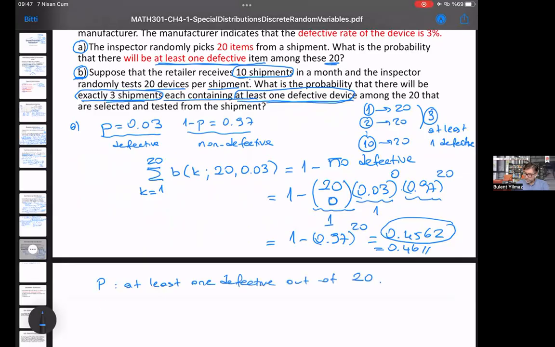I have 10 shipments, and I'm interested in 3 of them having at least one defective.